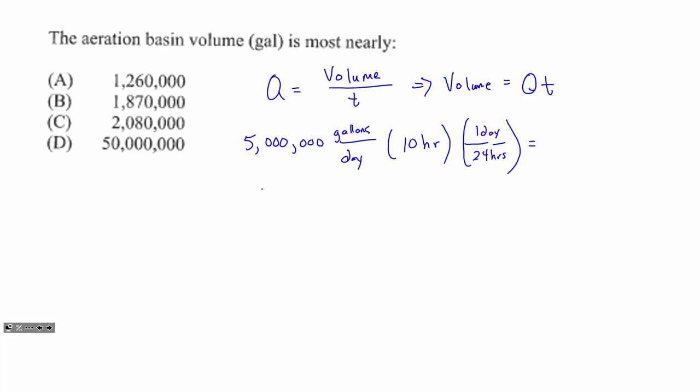We end up getting a volume of 2.083 times 10 to the 6 gallons. So 2,080,000 gallons. All right, so our answer there is going to be D, or C, sorry, yeah.